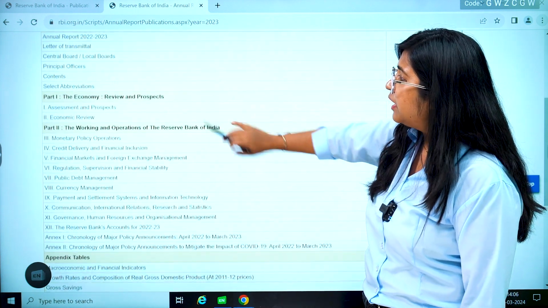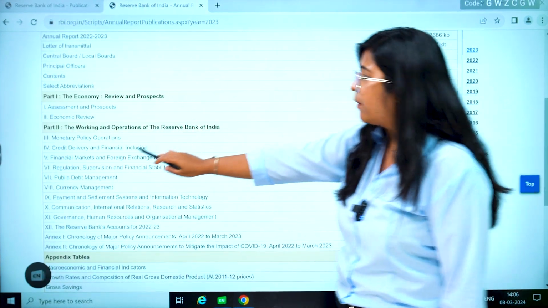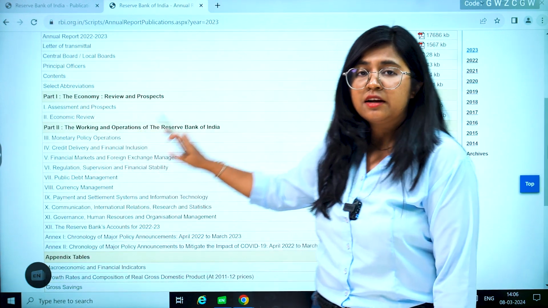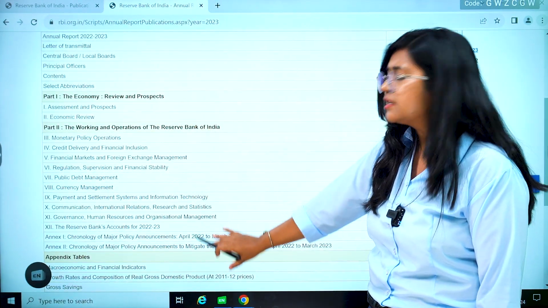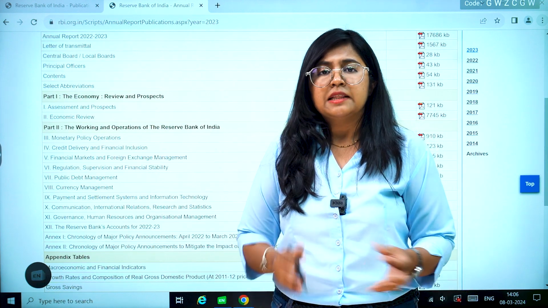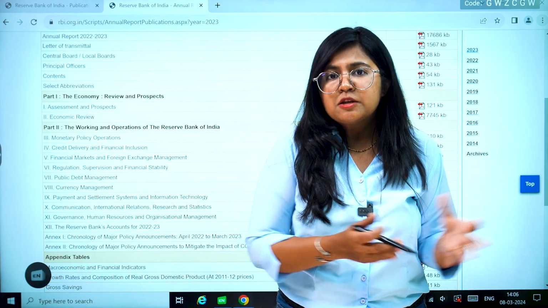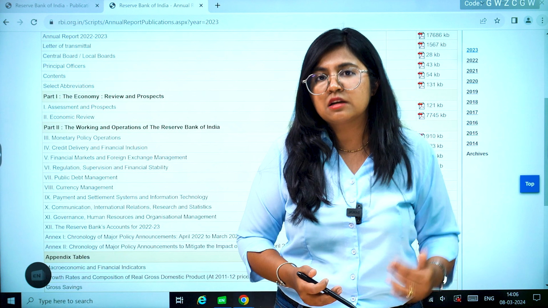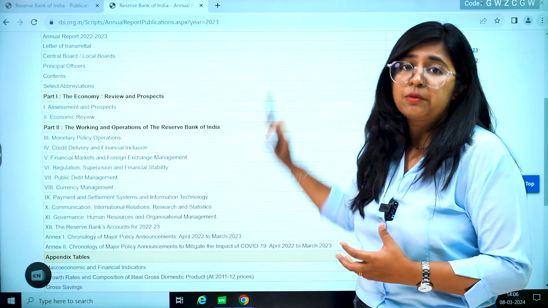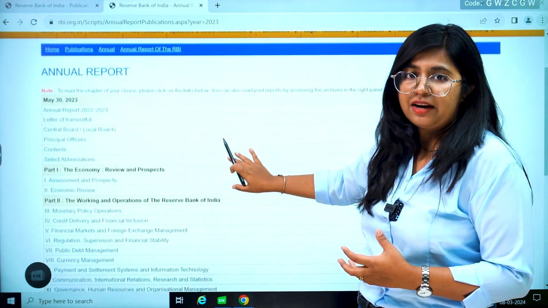Right from the economic review to monetary policy operations, credit delivery, all of these things are important. These are exactly like your syllabus pointers. The way you read the syllabus, the same way the annual report has to be read.